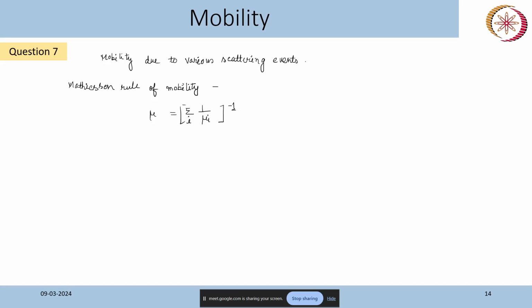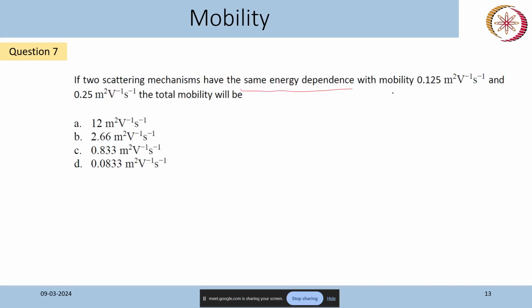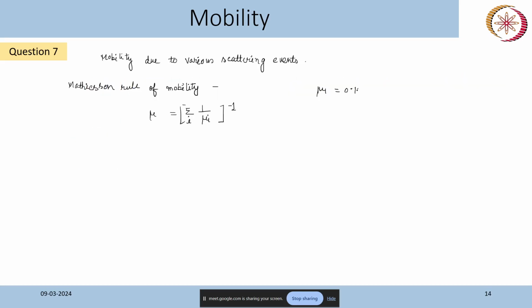In our question we have two scattering mechanisms, so mu1 is given as 0.125 meter square per volt second. Mu2 is given as 0.25 meter square per volt second.